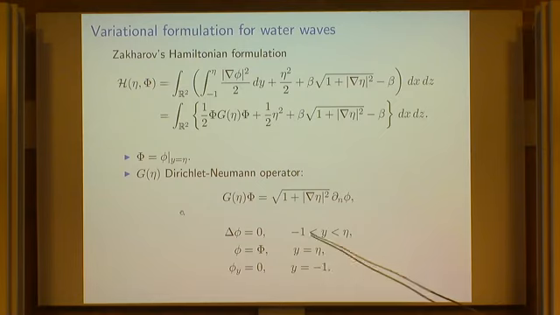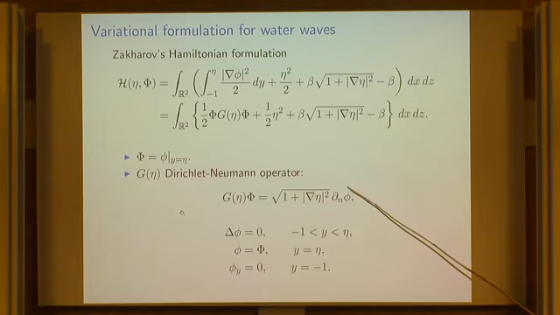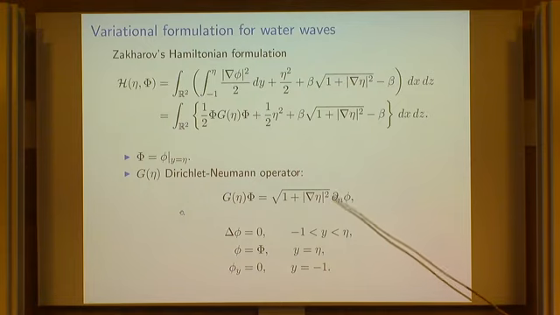So you solve the Laplace equation with homogeneous Neumann data on the bottom, and you have big phi as the Dirichlet data on the surface, and then this operator returns the Neumann data on the surface, and it's convenient to normalize it by this factor, so as to get a nice formula. Okay, so now of course I'm hiding some things here.